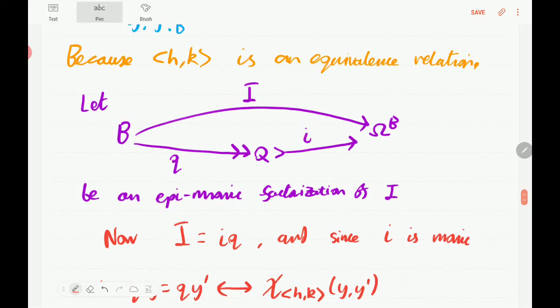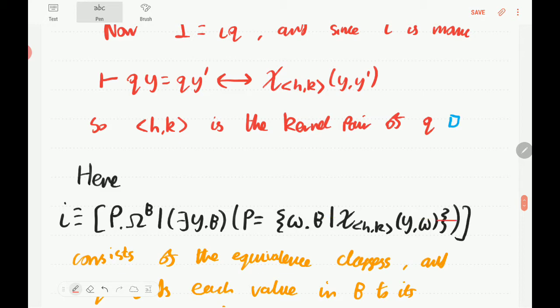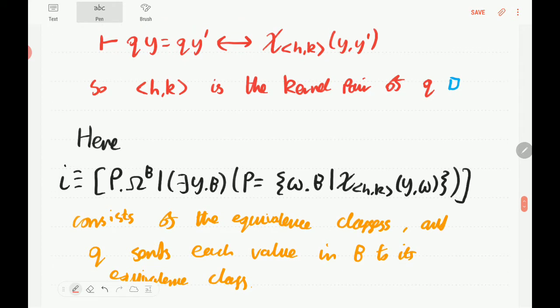And incidentally, this I here is basically the equivalence classes of our relation ⟨H, K⟩. And so you see it's the sub-objects of B such that there exists a y in B, such that this sub-object is basically the stuff that's related to that y under this equivalence relation ⟨H, K⟩.